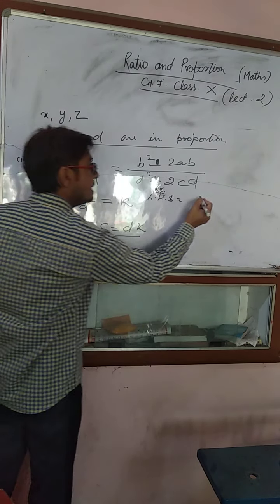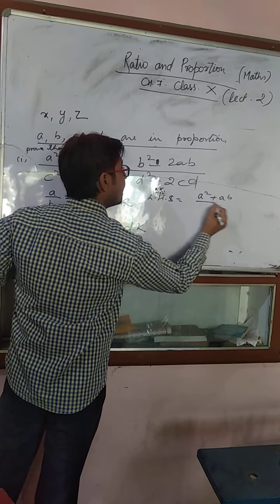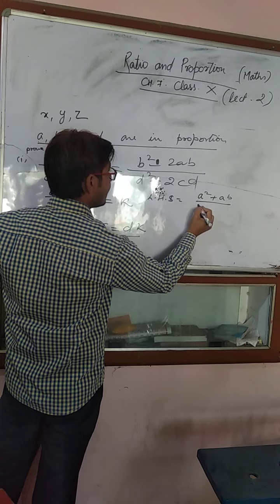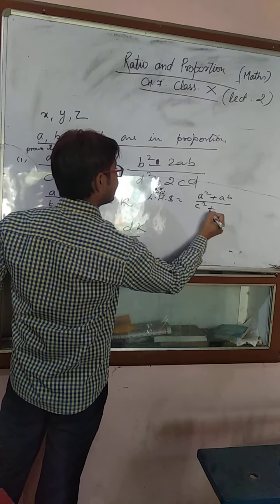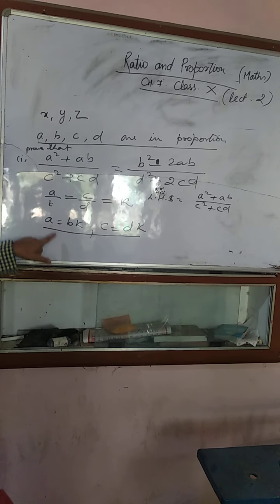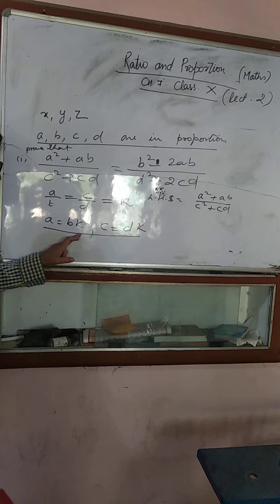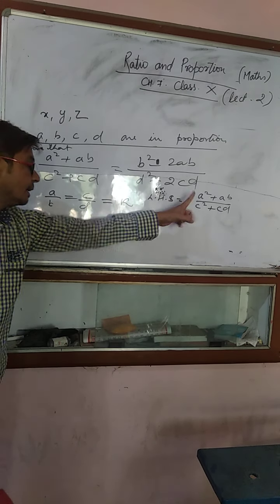Now let us consider LHS. LHS is a square plus ab upon c square plus cd. Here a is bk. Write down the value of a here.